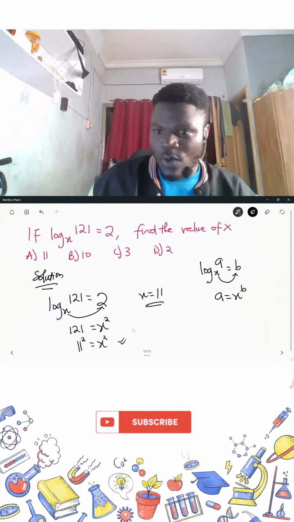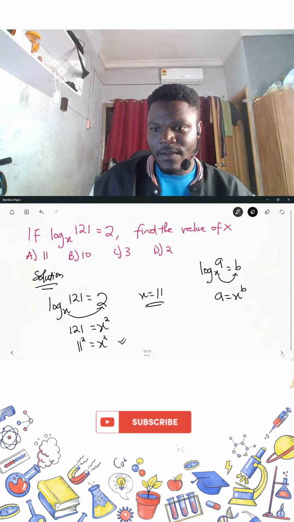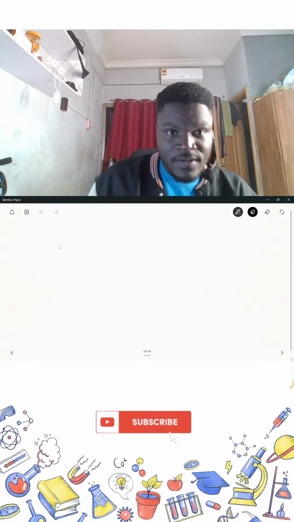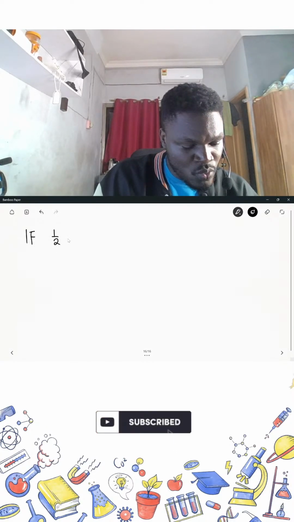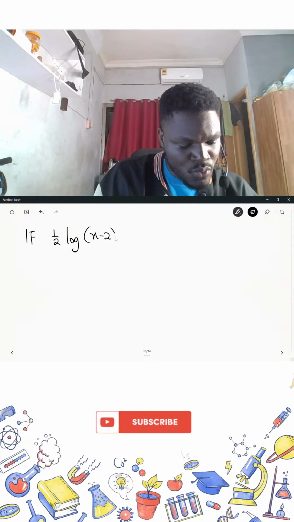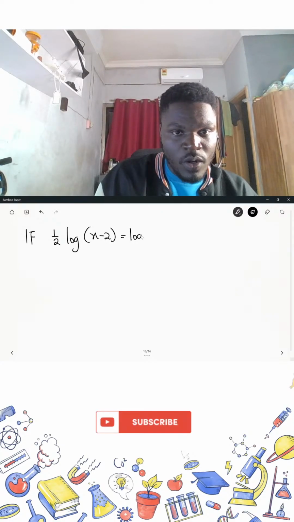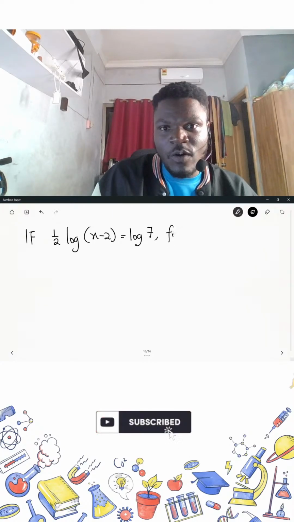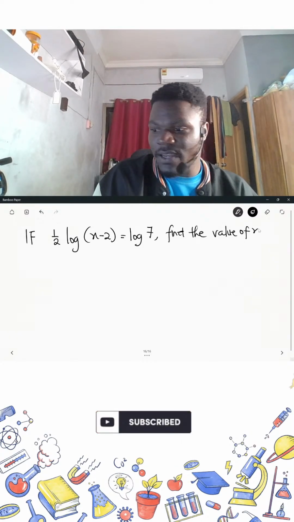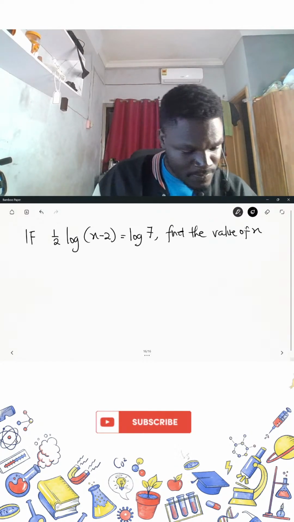So I have another question for us. So we have here, if 1/2 log x minus 2 is equal to log 7, find the value of x.